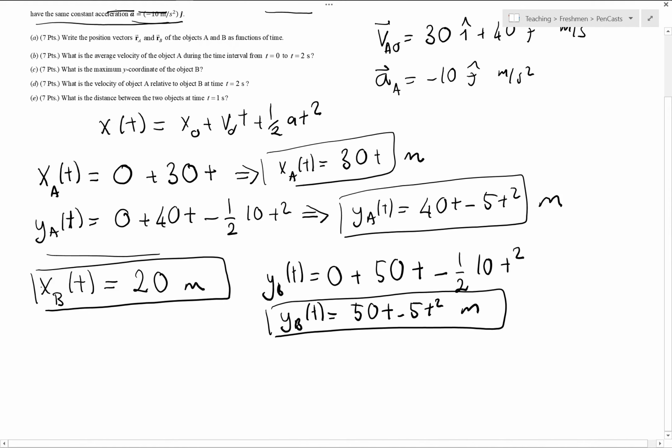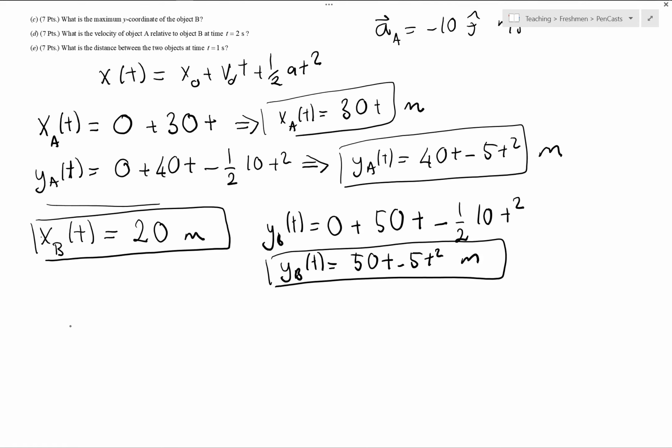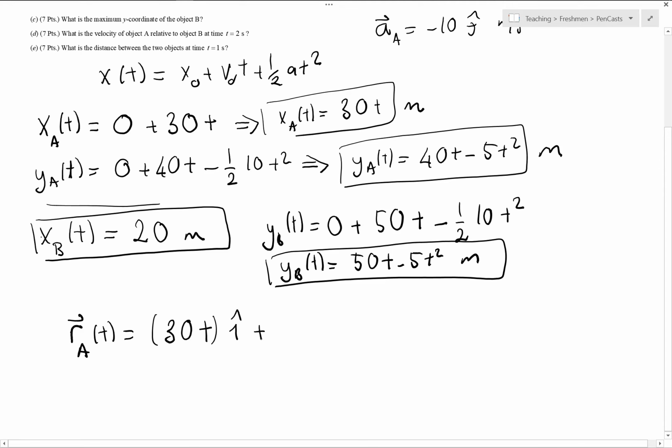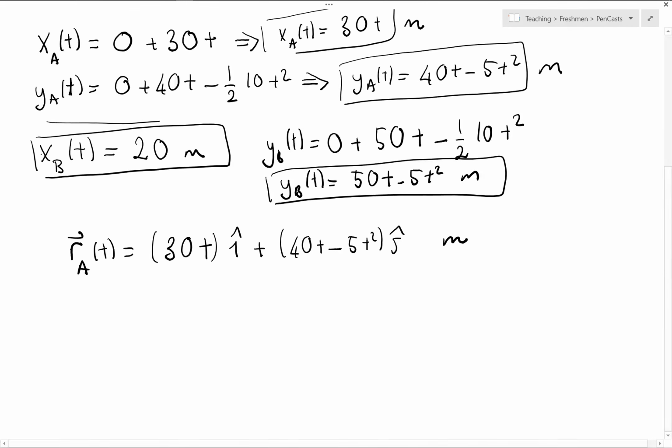I am asked to write the position vectors for A and B separately, and now that I have found the components, I can easily do that. RA of t is 30t i hat plus 40t minus 5t squared j hat, and I must always supply the units.